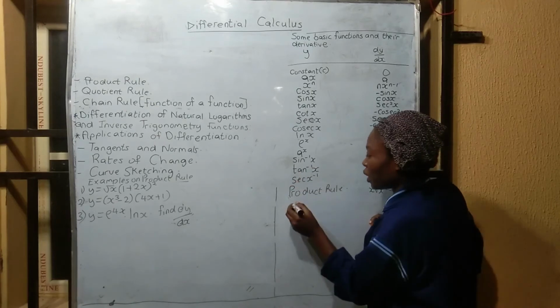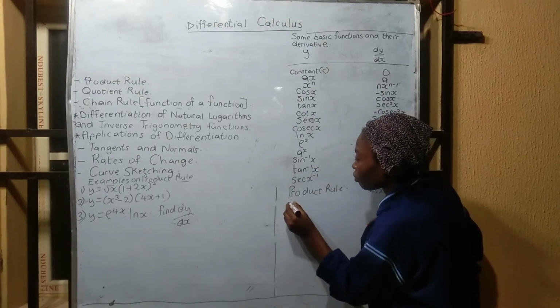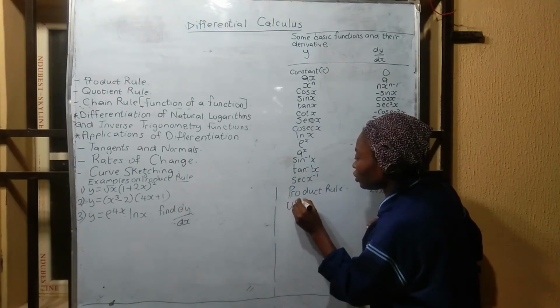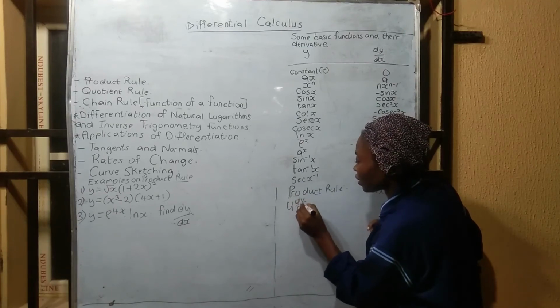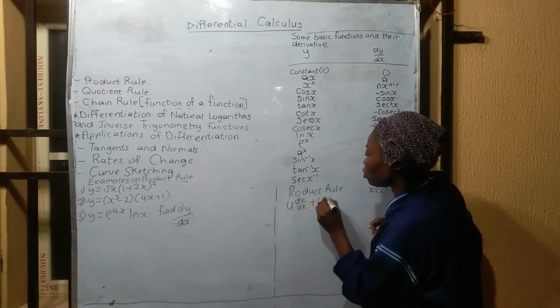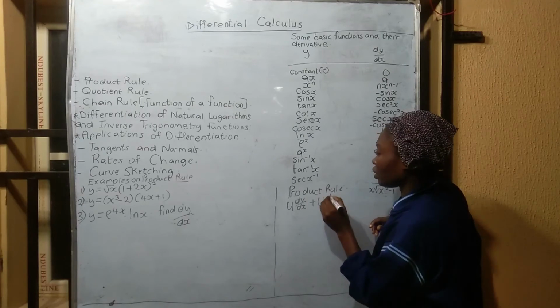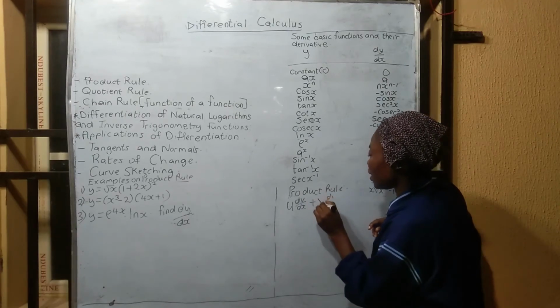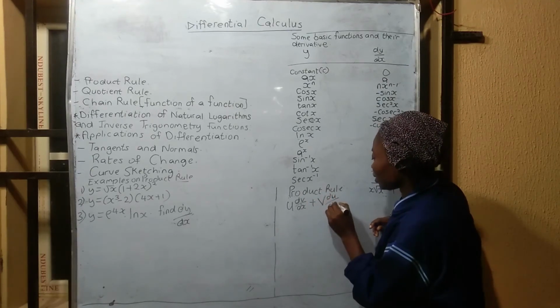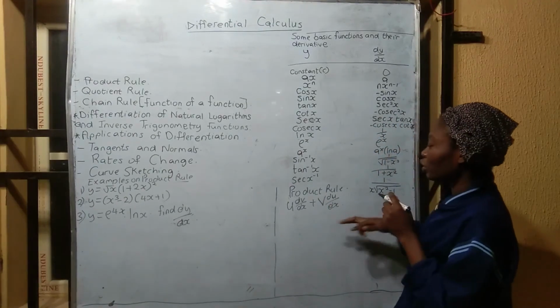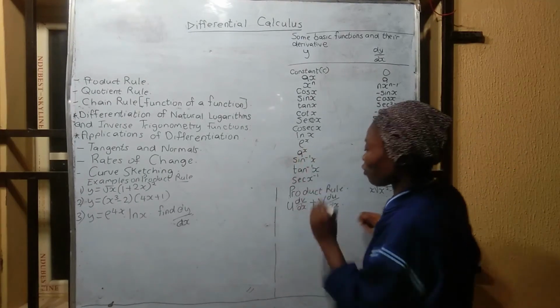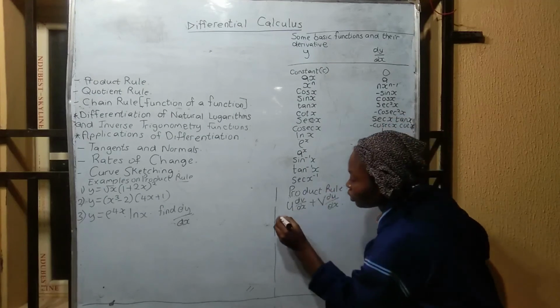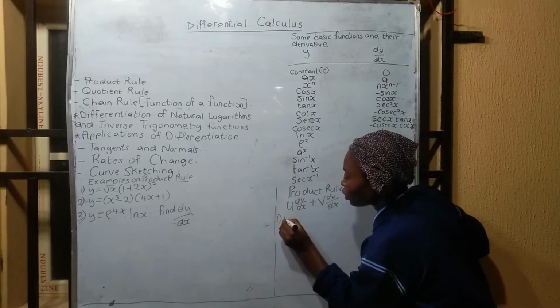Then we have u dv/dx plus v du/dx, where u is the, okay, for example, so that we can see what we are talking about.